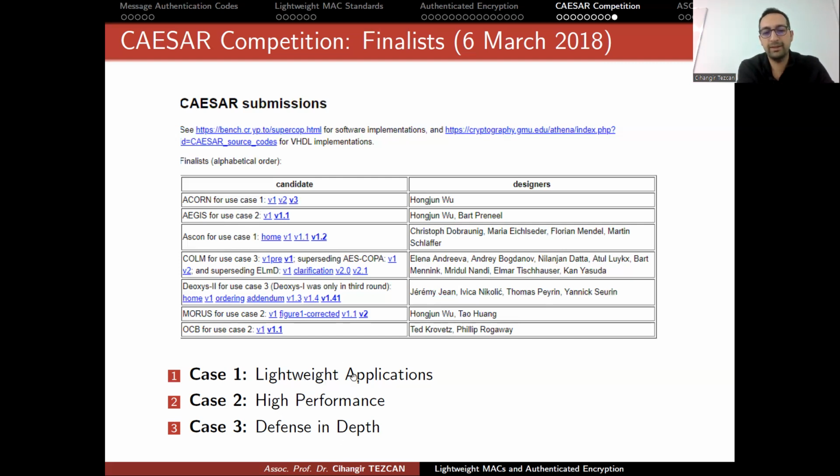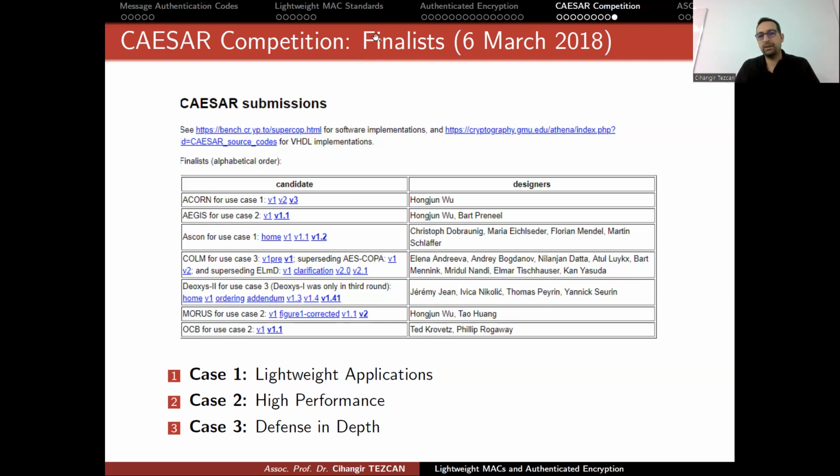For the lightweight scenarios, which is the main idea of this course, we have Acorn for use case 1 and Ascon for use case 2. But if I'm not mistaken, Ascon is the first choice for use case 1, and Acorn is the second choice of the team from the competition. So Ascon already won a competition. This is why we are focusing on Ascon in the NIST lightweight cryptography competition.